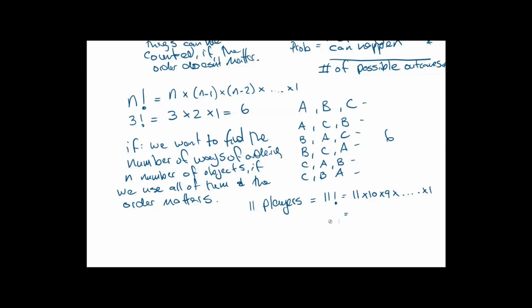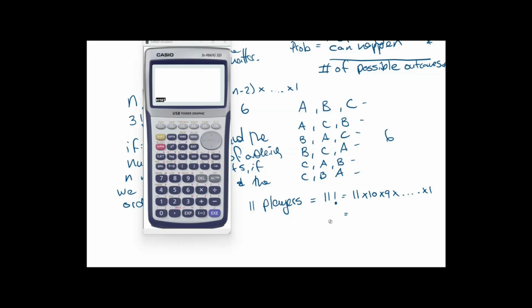So let's grab our calculator. So here's the Casio calculator that most students use in the exam. And the way that we get factorial and in fact permutations and combinations are like this. We would go option. Now sometimes these options are already at the bottom, but if they're not, you hit the option OPTN, go across to probability, which is F3, and you'll see that they're loaded right there.